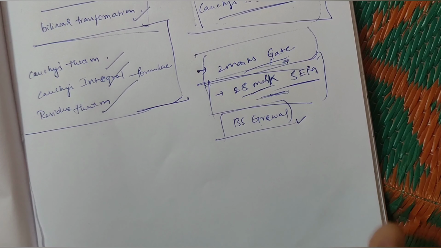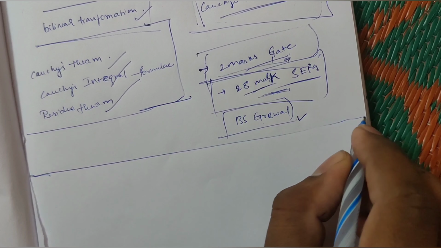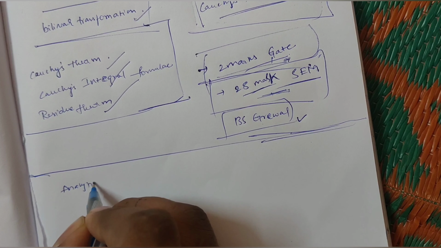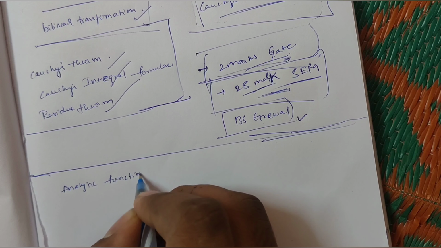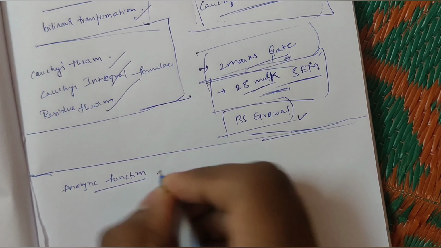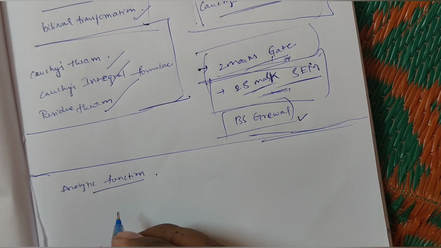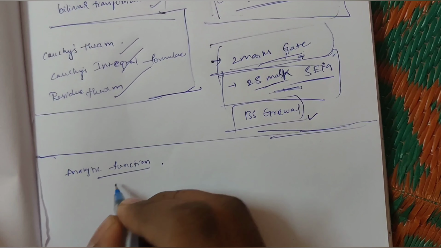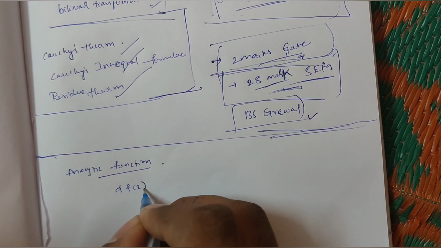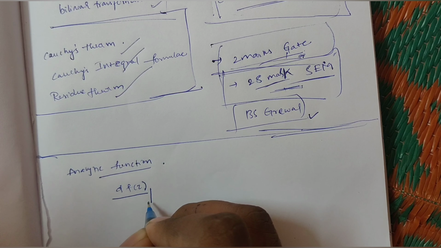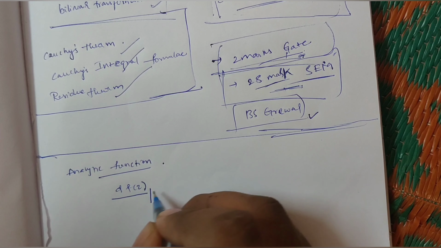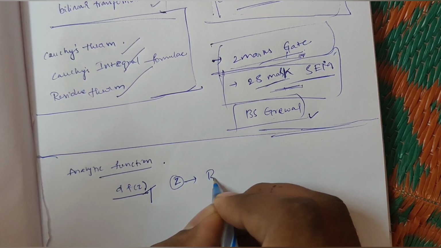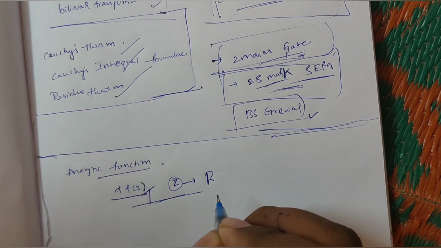So now we'll get started with what is an analytic function. So what it is: if the differentiation of a complex function, that is, if the derivative of f of z is unique for a point z in a region R, then the function is said to be an analytic function.